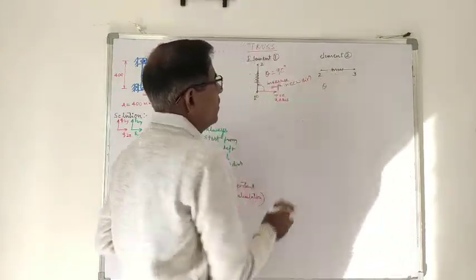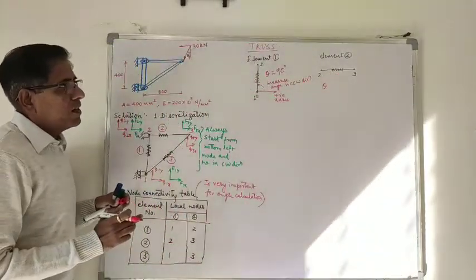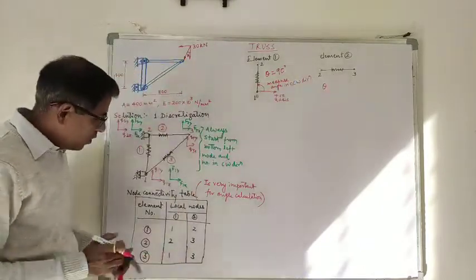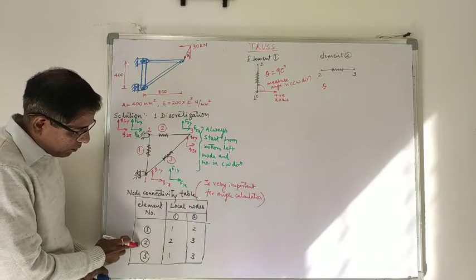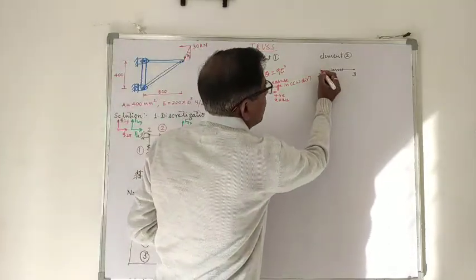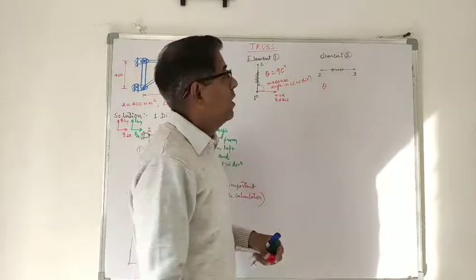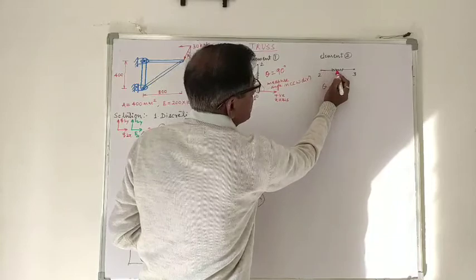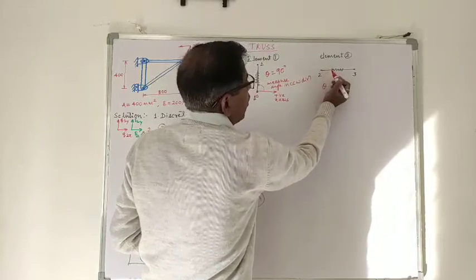Our assumption says always measure the angle at the first local node. So for element number 2, the first local node is 2. So always measure here at the first local node. Now consider this point as the origin, draw the positive x-axis and measure in anti-clockwise direction.